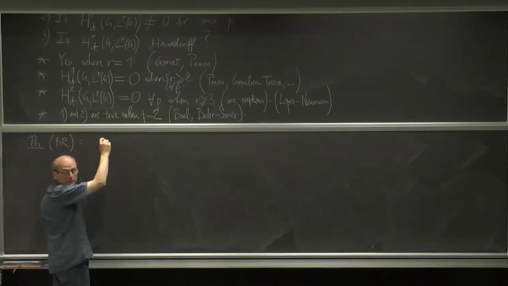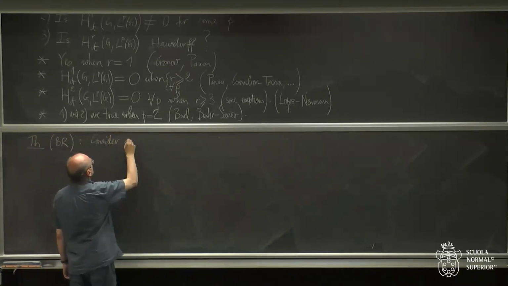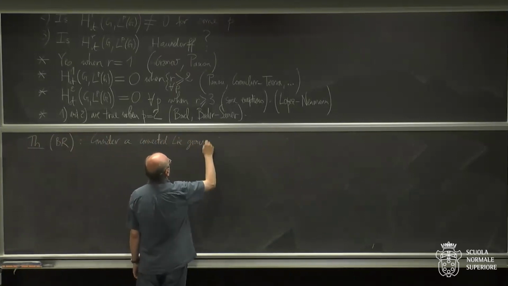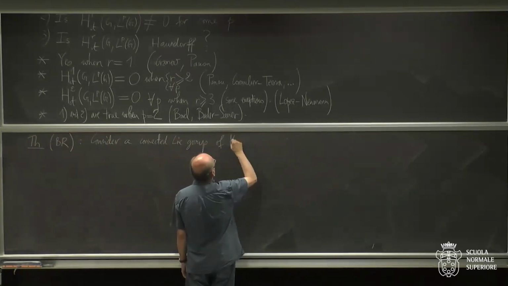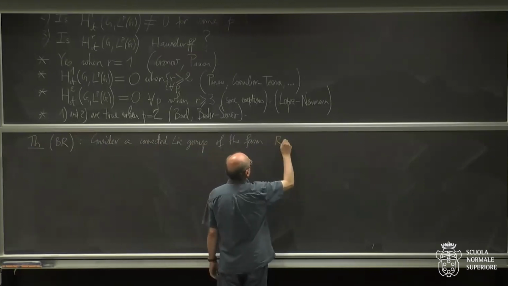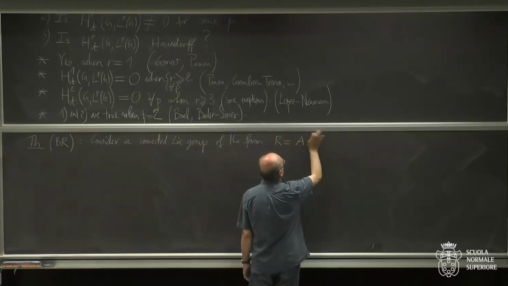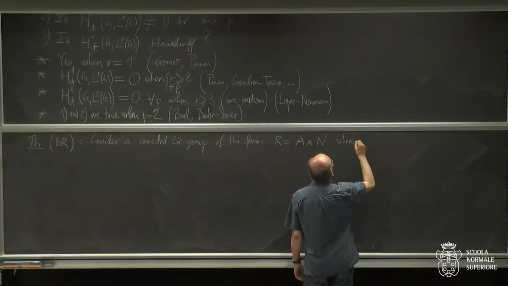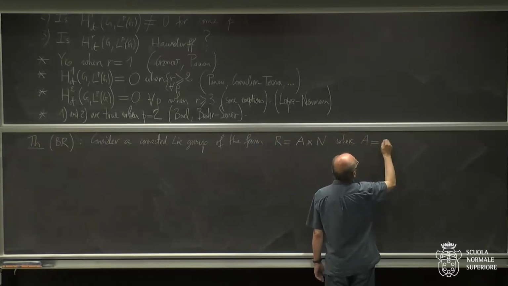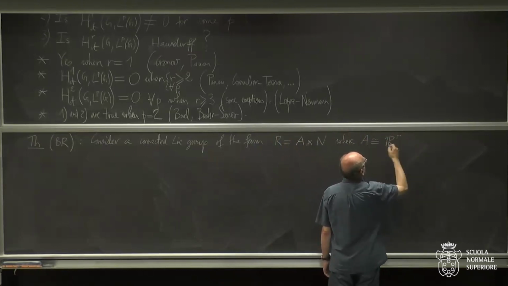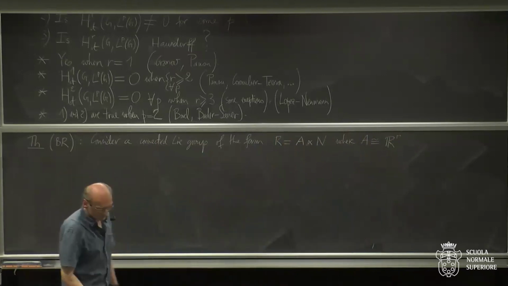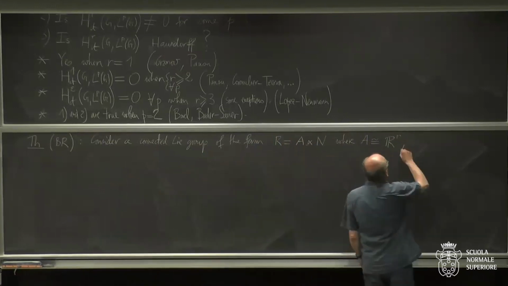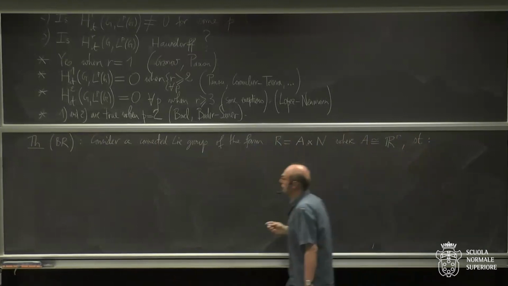We consider a connected Lie group of the form R equal to A semi-direct product N, where A is isomorphic to R^l, and such that two assumptions are required.